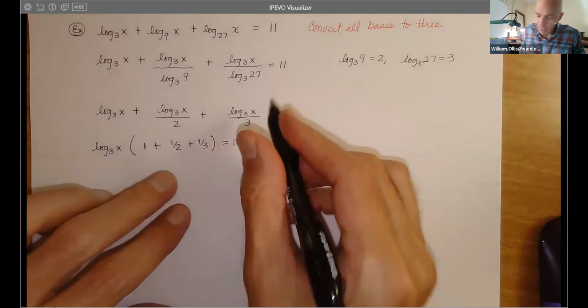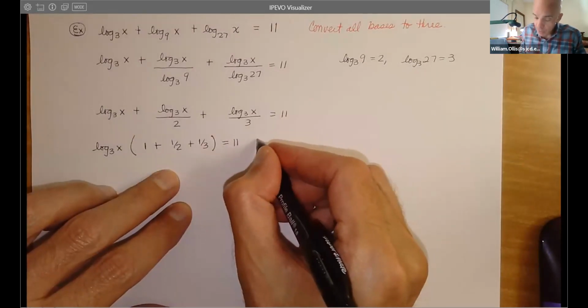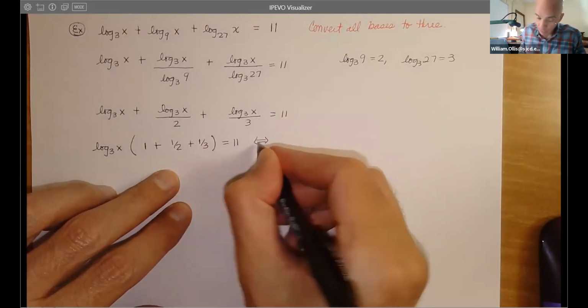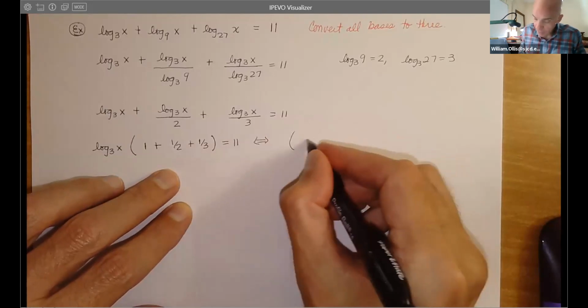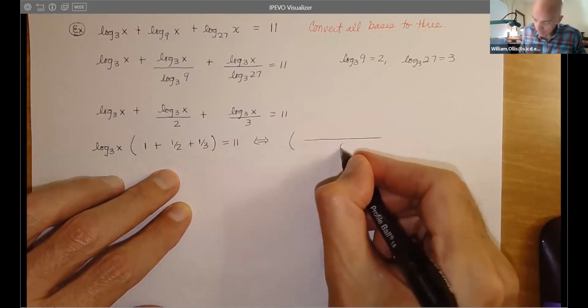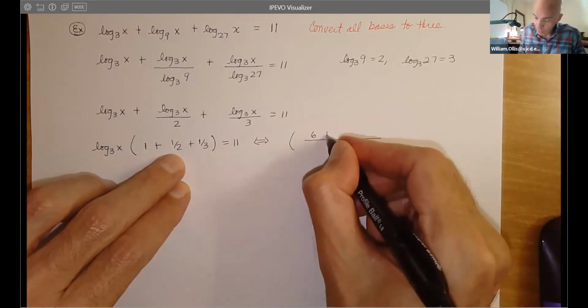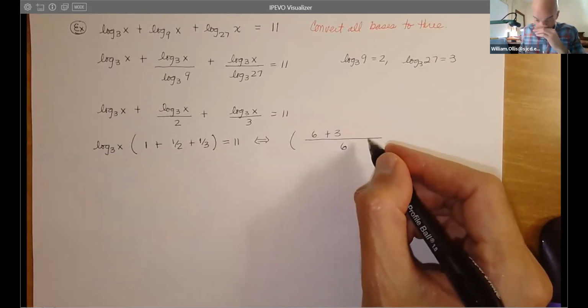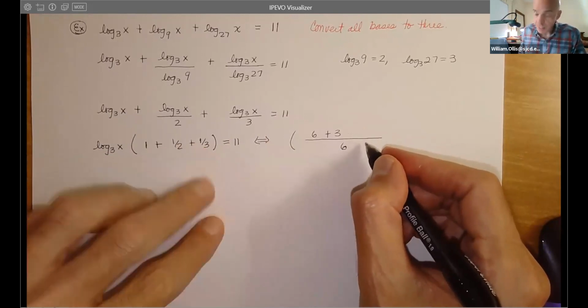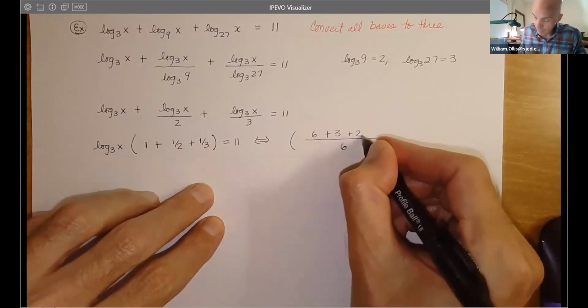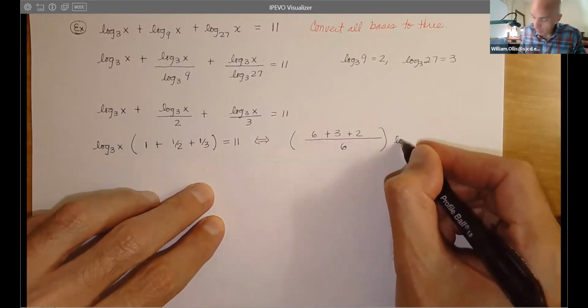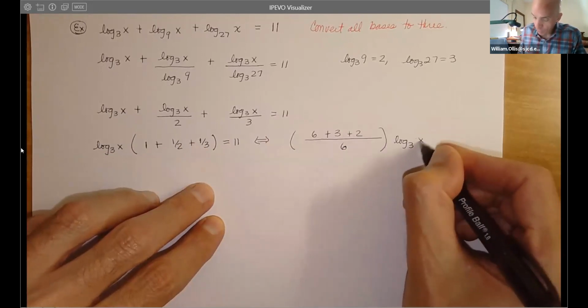And I will do that. First, what I want to do is go ahead and get a common denominator. So we'll do 6. So we get a 6, and then a 2 into the 6 is a 3. So that gives us a 3. And then, of course, a 3 into the 6 is a 2. And I'll write the log term on the right.